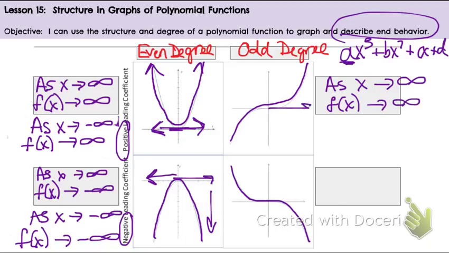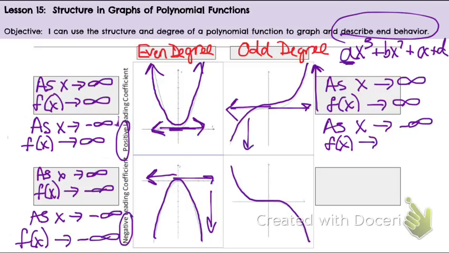So as x is moving this way, your function is getting higher and higher. However, as x is going towards negative infinity, so we're just looking at the end behavior, f of x is also going to negative infinity. It's dropping into infinitely smaller and smaller numbers.